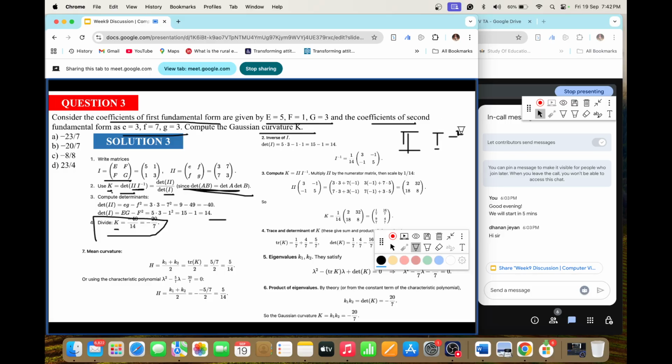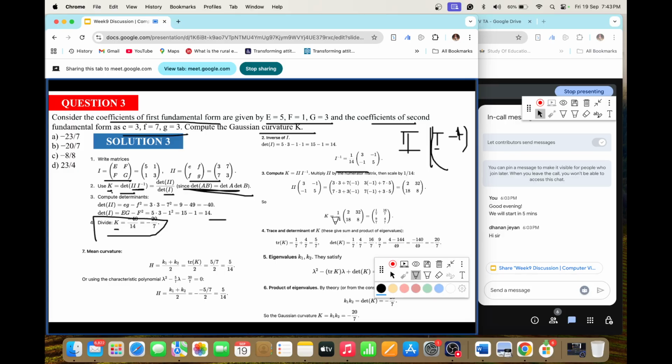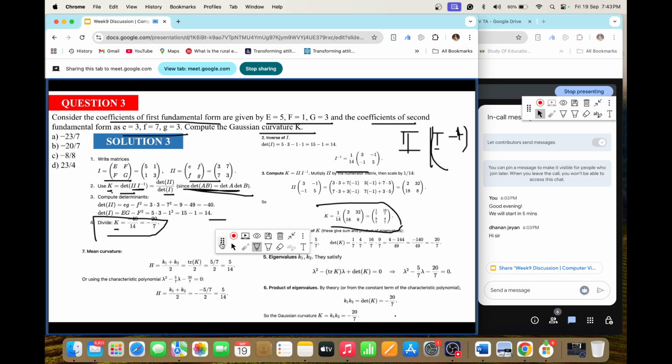So what we have to do is find the inverse of the first form, and the second form we already got, and form the linear map. So your linear map is coming out like this. Once you get the linear map, you can either calculate the eigenvalues, or you don't need to calculate the eigenvalues if you don't want.